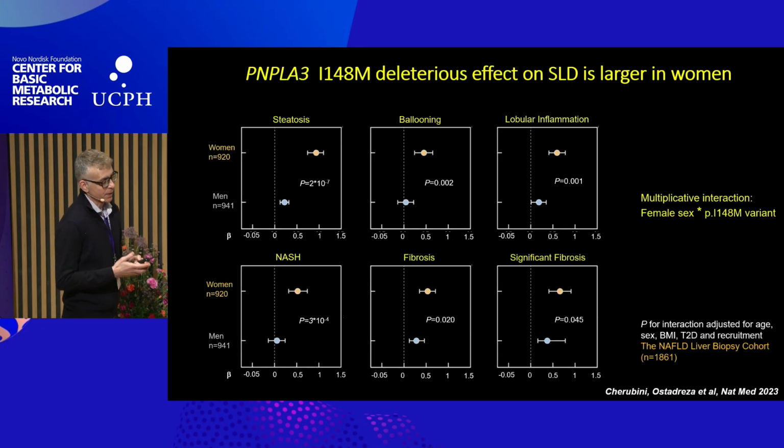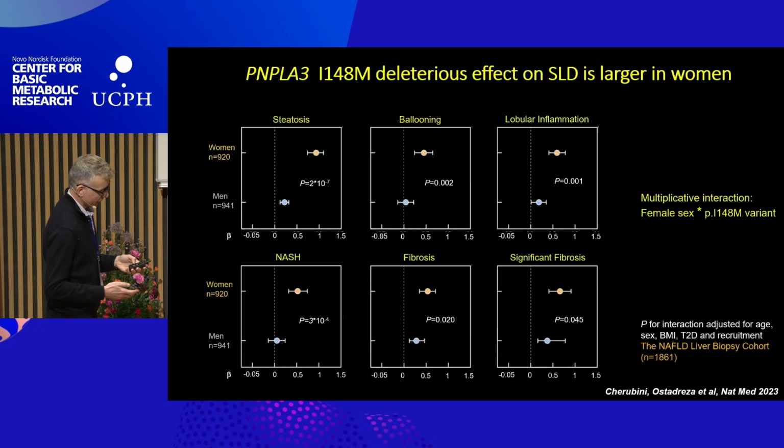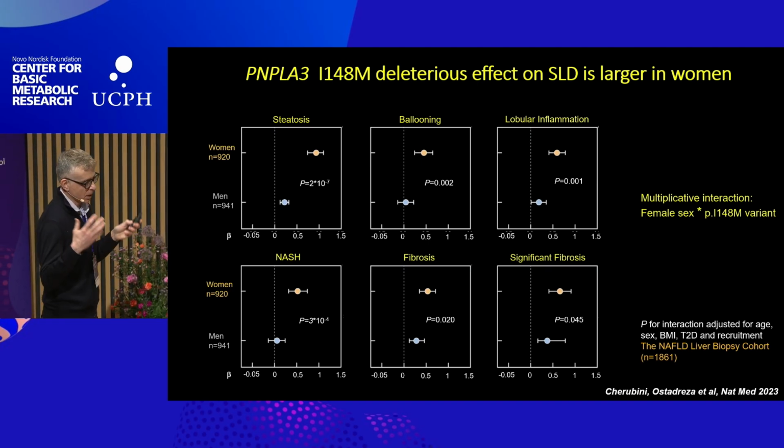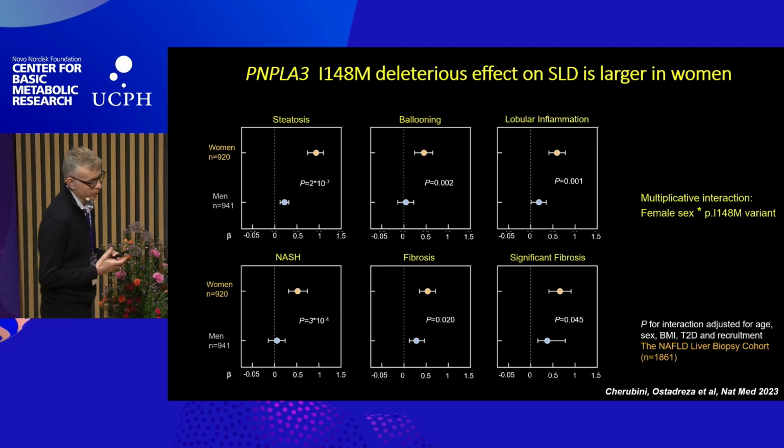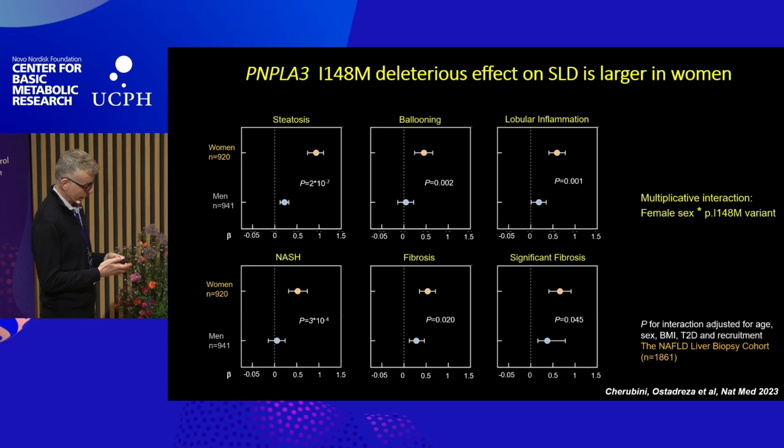What is interesting is that the effect of the variant is not the same between men and women. This is a Nature Medicine paper, published with Luca Valenti, with whom I've been working a long time. What we showed was that it doesn't matter if you look at the liver fat, ballooning, inflammation, NASH, fibrosis, or significant fibrosis, the effect of the variant is always larger in women.